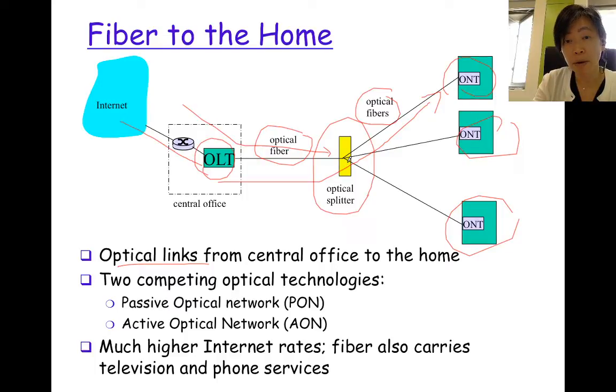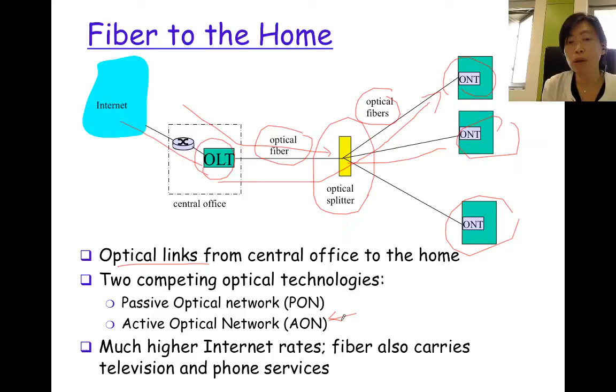So an optical splitter here sometimes will amplify the signal before it propagates on. That kind of optical splitter is called an active optical splitter. It's powered, so the signal gets properly amplified. Now, some of these optical splitters are passive.